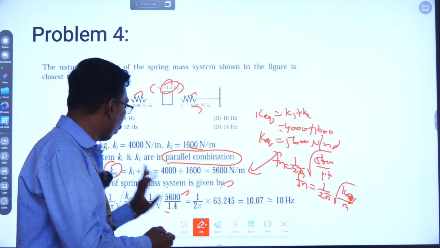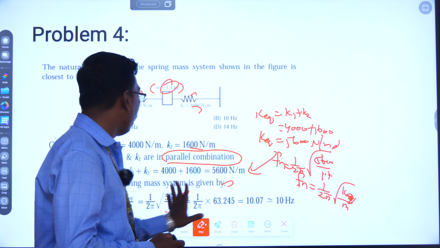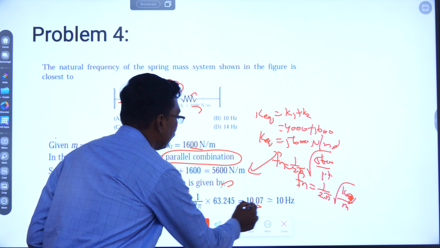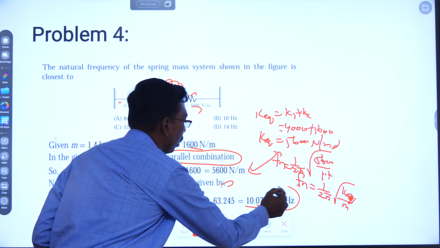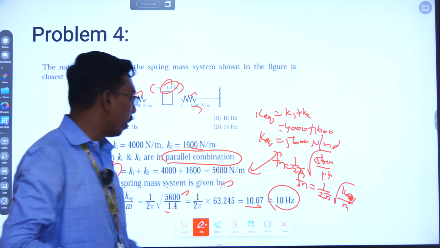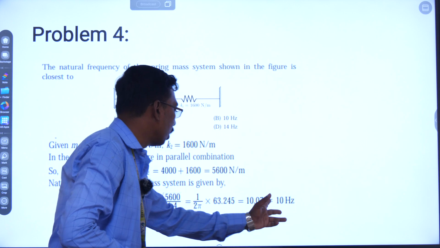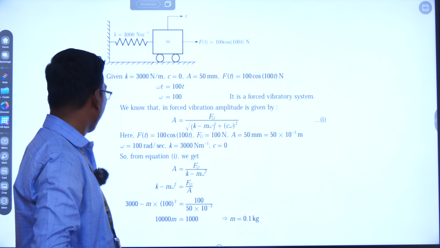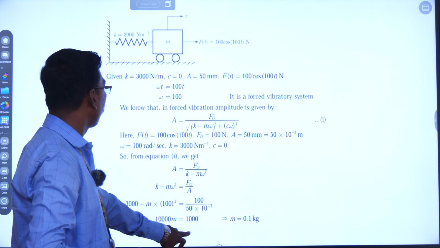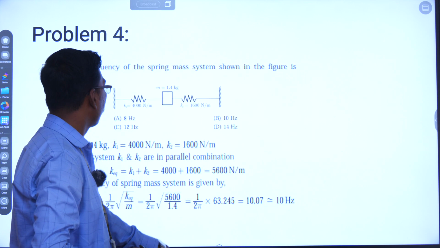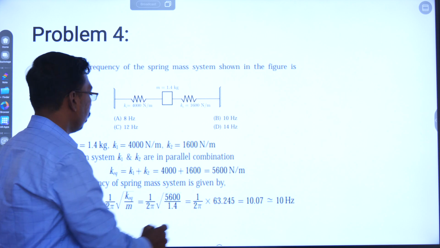Then finally, the value I got is 10.07 Hertz, approximately 10 Hertz. So finally we conclude the value is 10 Hertz. Now which option is right? We have to see. 10 Hertz.